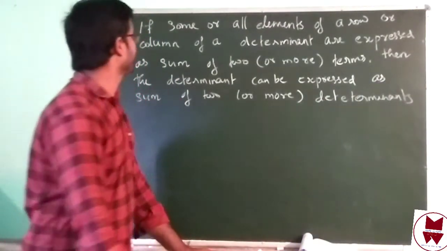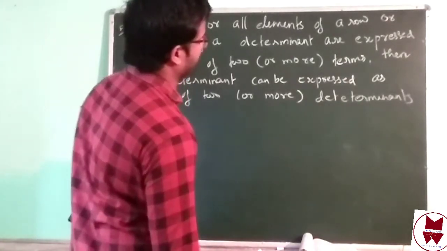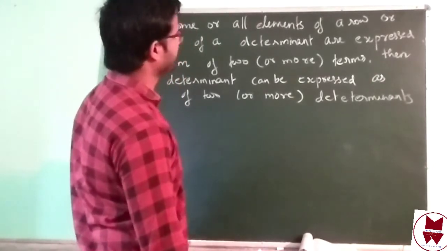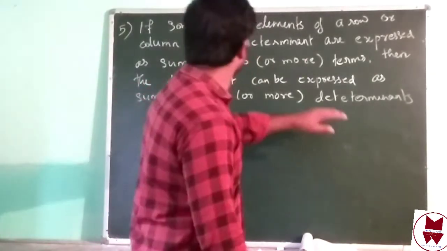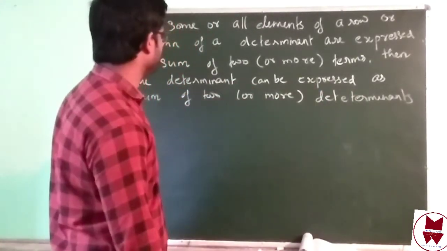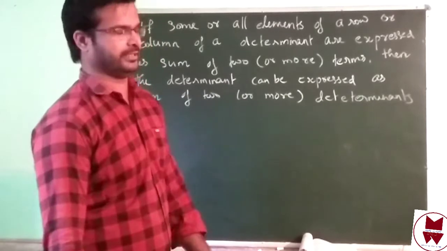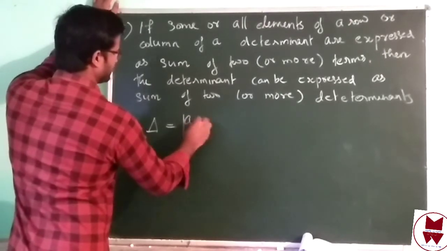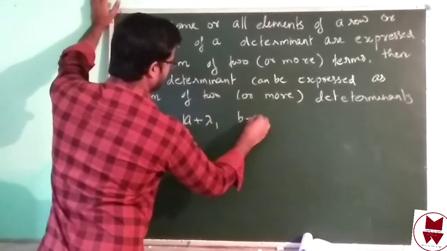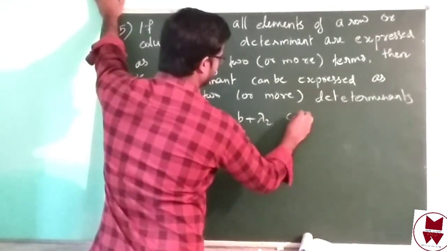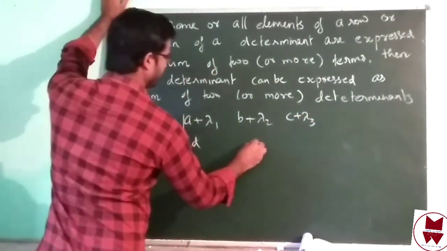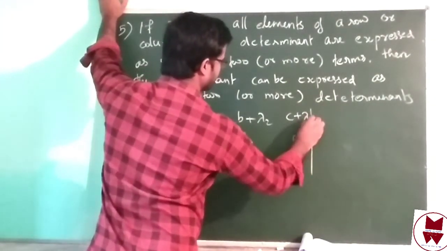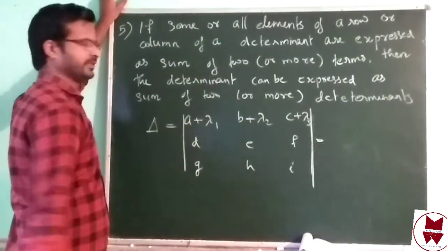Then property number 5: if some or all elements of a row or column of a determinant are expressed as a sum of two or more terms, then the determinant can be expressed as a sum of two or more determinants. What is this? We can see one determinant: A plus lambda 1, B plus lambda 2, C plus lambda 3, D, E, F, G, H, I. This is one determinant that is given.